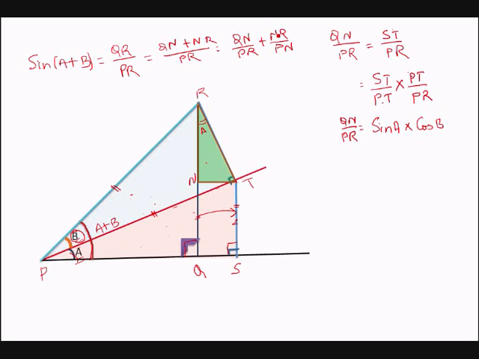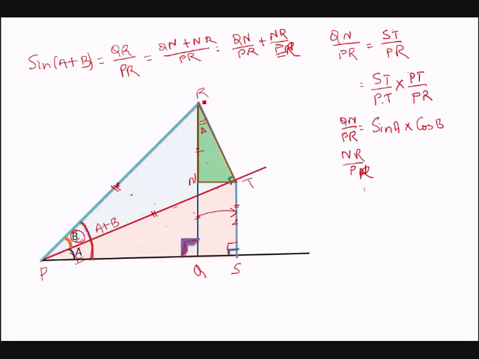Let's move on to the next ratio here, which is NR over PR. Let's see where NR is. NR is here and PR is here. So this NR is part of this green colored triangle and PR is part of the blue colored triangle.